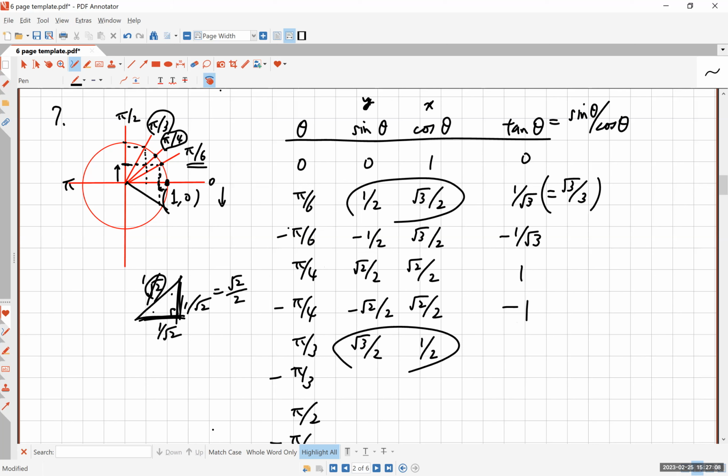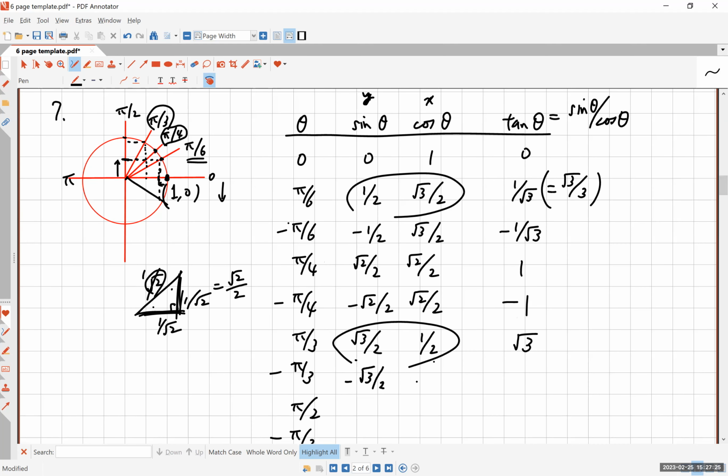So you should remember, if one is 1/2, then the other one has to be square root of 3 over 2 in quadrant 1. All right, so if you divide this by that, you get the square root of 3, and that's your tangent value. Okay, if you go to the opposite again, the sine changes, the cosine does not, and the tangent changes its sign. Pi over 2, that's 90 degrees.